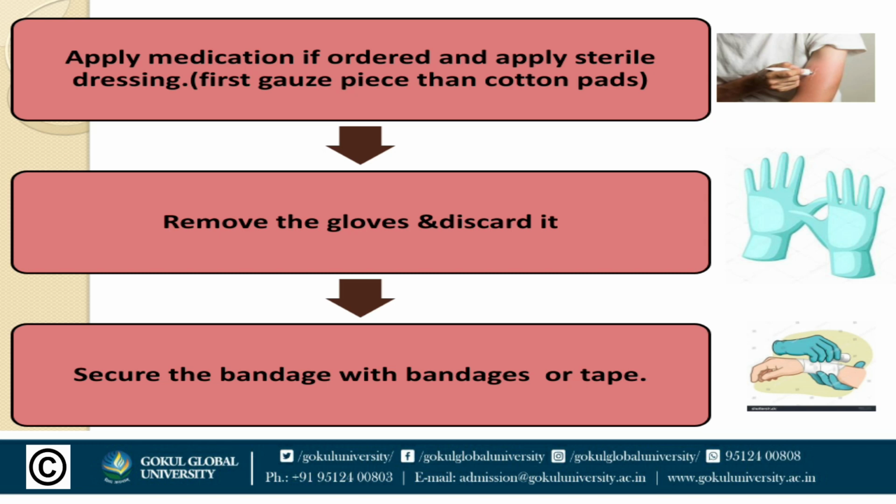After that, take some solution for cleansing the wound, clean the wound peripherally, each stroke used only once. After that, dry the wound. After drying the wound, apply the medications. After they apply the medication, sterile dressing should be applied. Remove the gloves and secure the bandage with the bandage or tape.